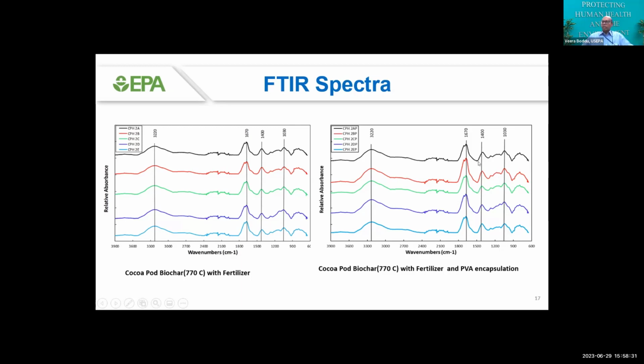The functional groups are still the same. The point is that there are no new reactive products being formed. So all the ammonia and other things are just surface adsorption in the pores and surface area of the slow release fertilizer.